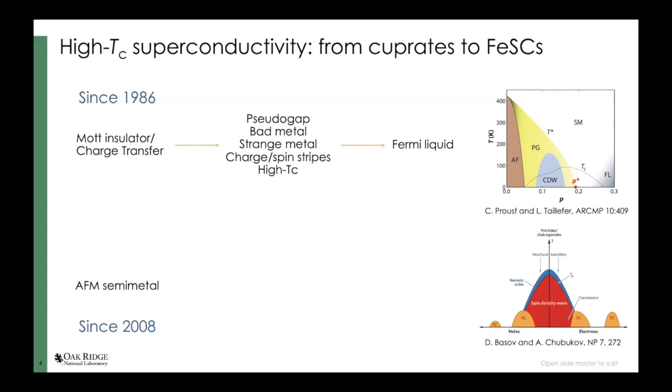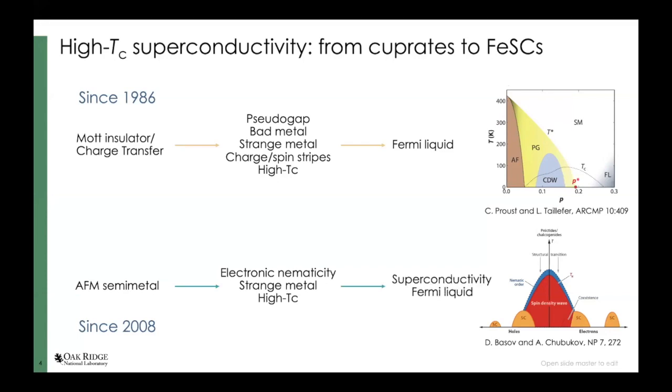So there's no insulating phase here. And if you start doping, you have very interesting phases, such as electronic nematicity. For some materials, people can see a strange metal phase. And eventually you get high temperature superconductivity, but the phase diagram is definitely not as complicated as the cuprates.